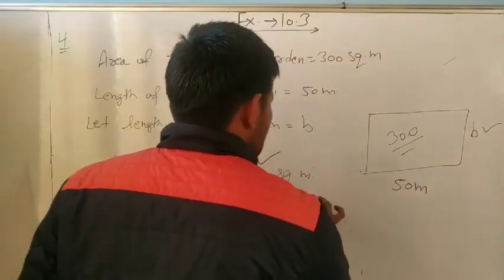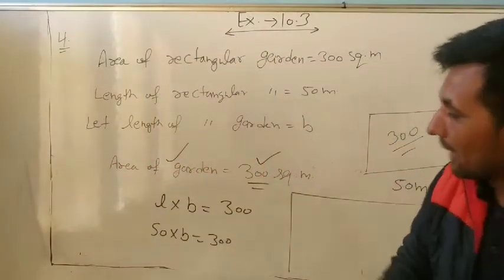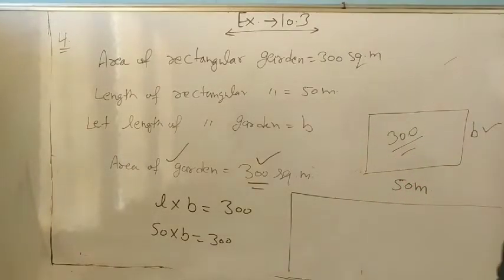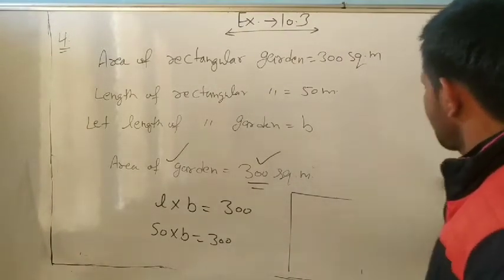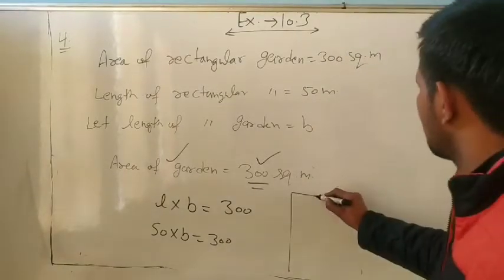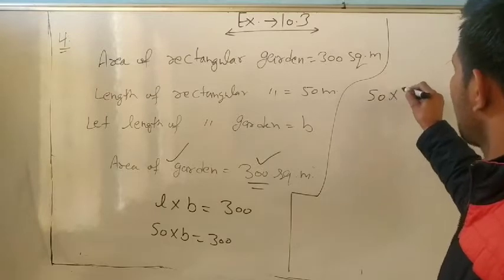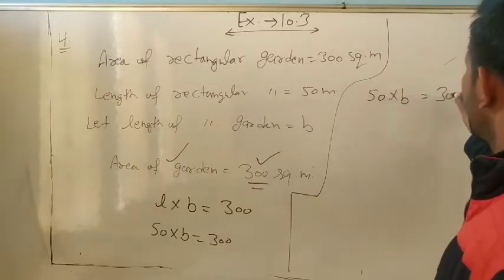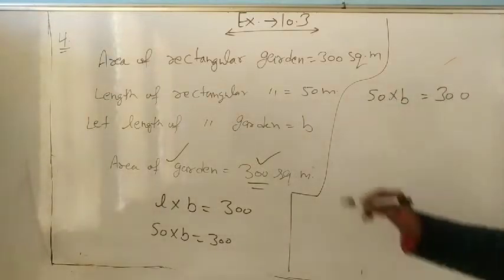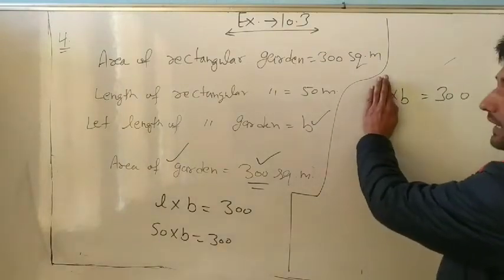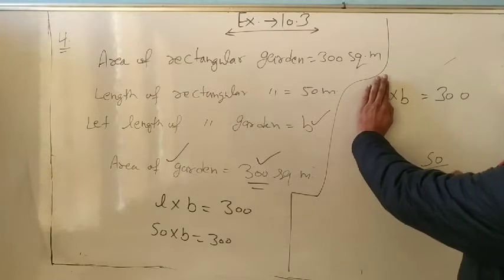Now same as I already told you: multiply, on the other side divide. Second method: otherwise you can do like this. 50 multiply B equal to 300. We want to find the value of breadth, B. So we have to remove 50. How can you remove 50? Divide by 50.